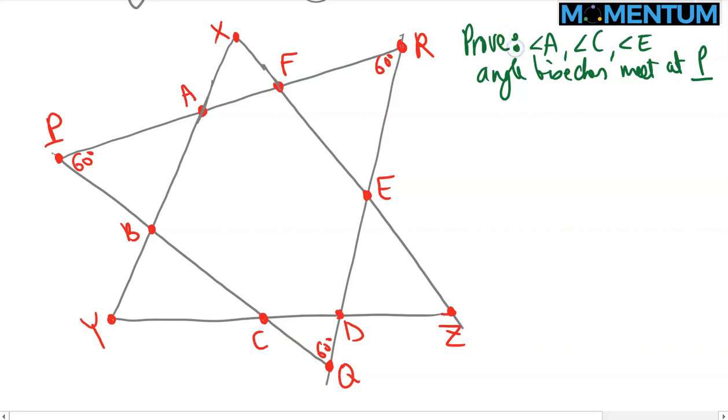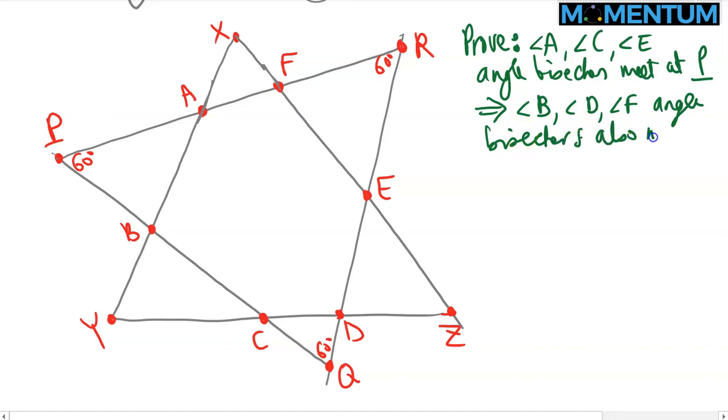Let me first write the full statement. Then this implies that the remaining angle bisectors of B, D, and F also meet, say, at Q, for instance. All right, so that's what we plan to prove.